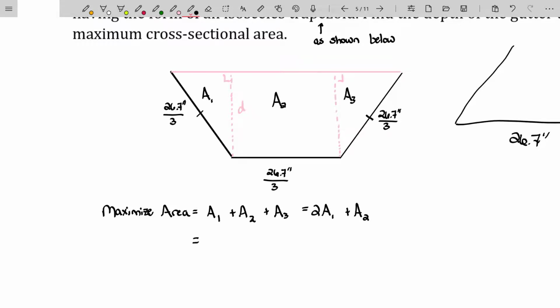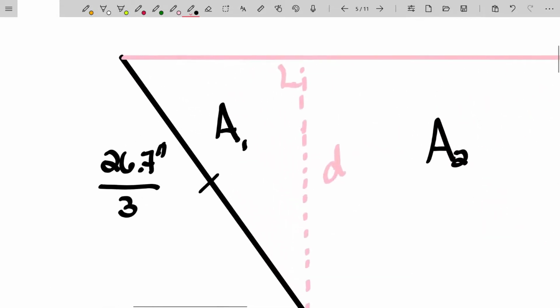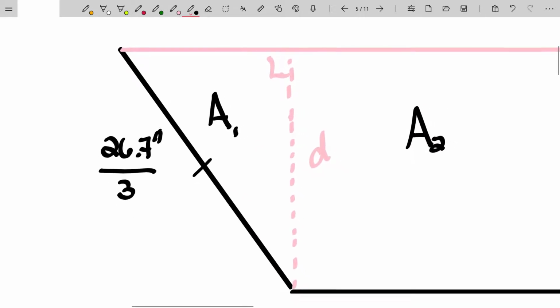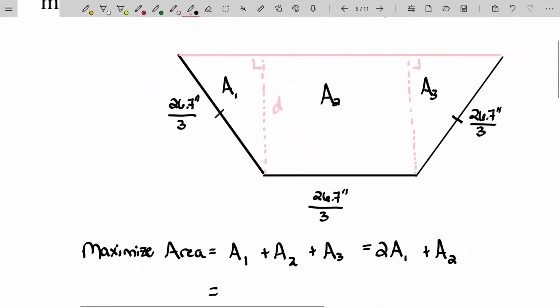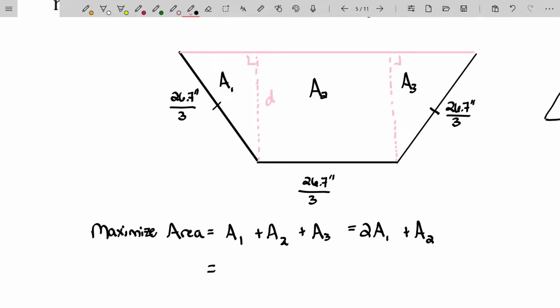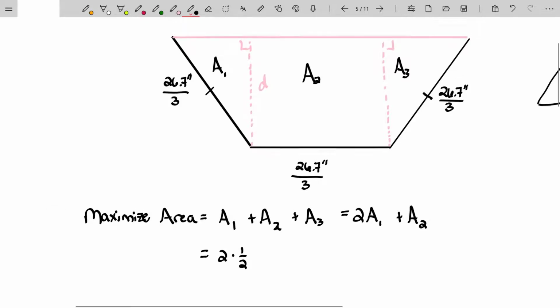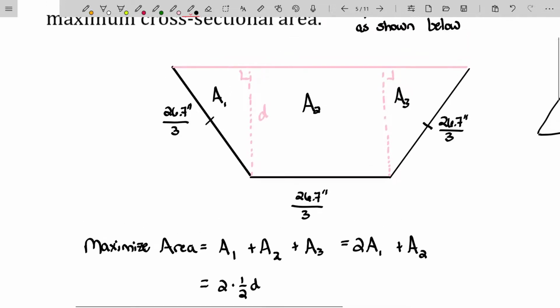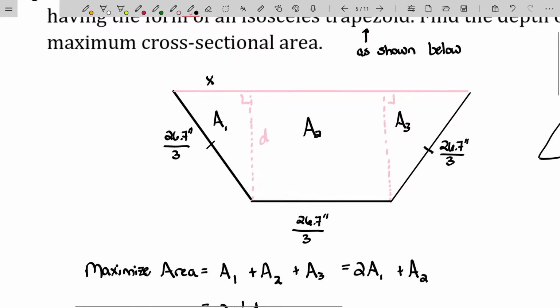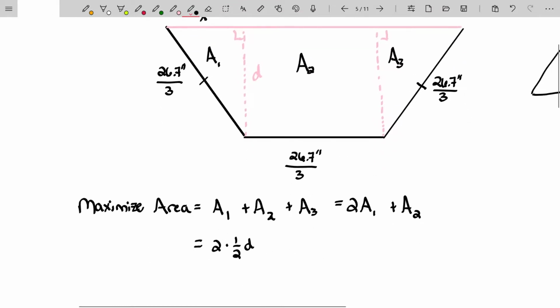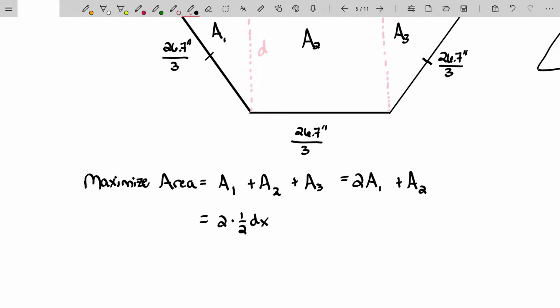And area 1 is a triangle, and that's just 1/2 base times height, right? So let's just say it's twice times 1/2 base. The base of this I'll call D, and the height I'll call X. So 1/2 base times height.